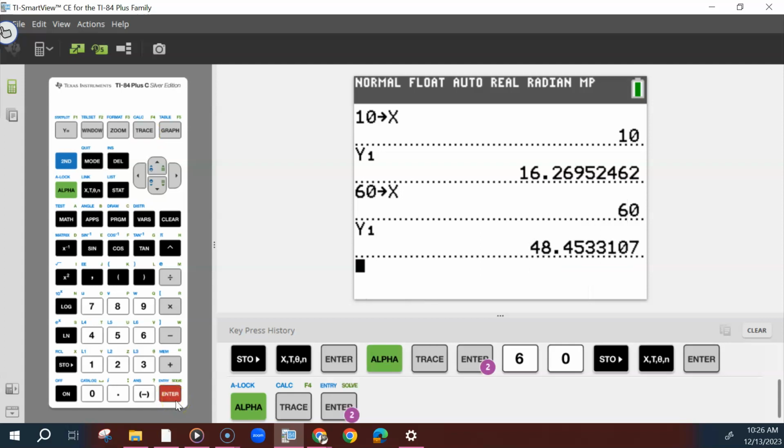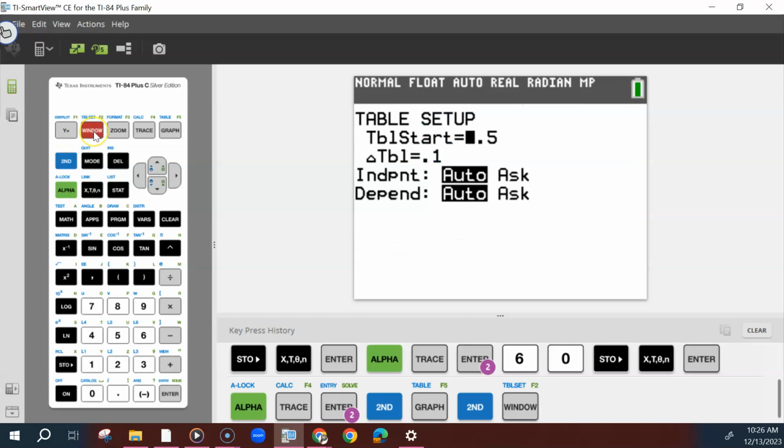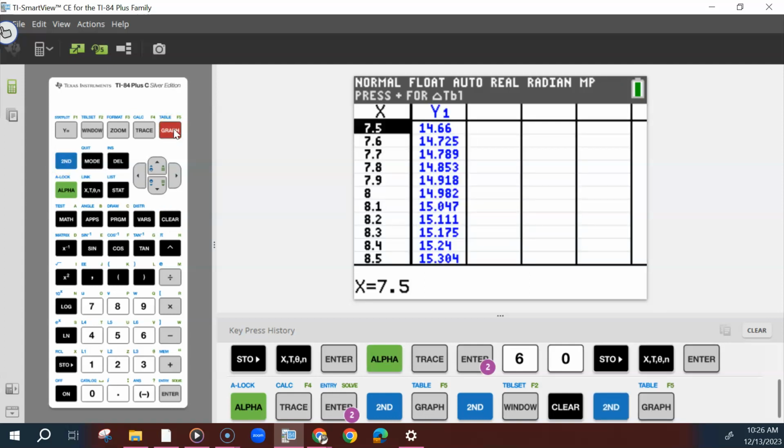48.45 or 48.5. But then for the one where you're trying to find x, you have to go into the table. And you're looking for where is this more than 45. So I'm going to jump because I don't want to scroll all the way to 45. I should have looked at the table before I said that.